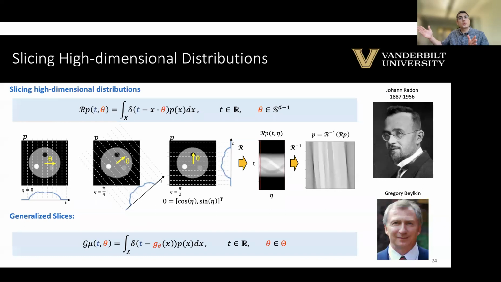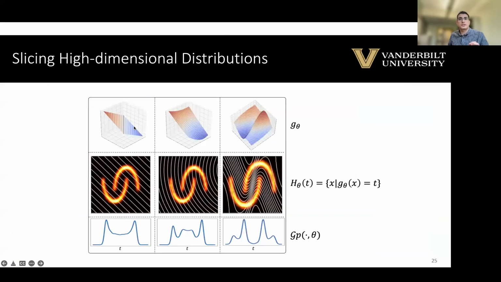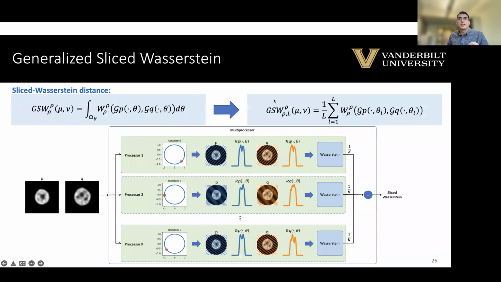And as we increase D, we need exponentially more slices to be able to recover this. Essentially, this L needs to grow exponentially if we want to approximate this distance accurately. So that's the problem. Higher dimensions, as D grows, you need many more slices. But what can we do?